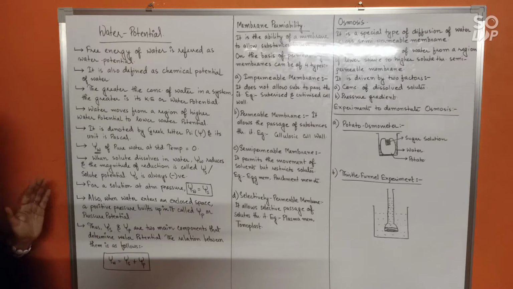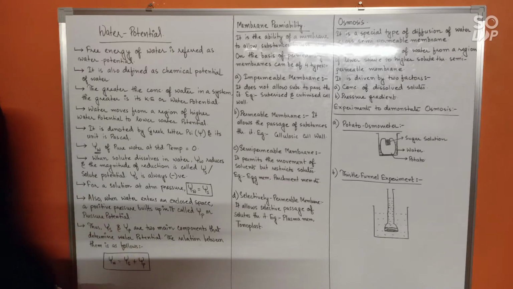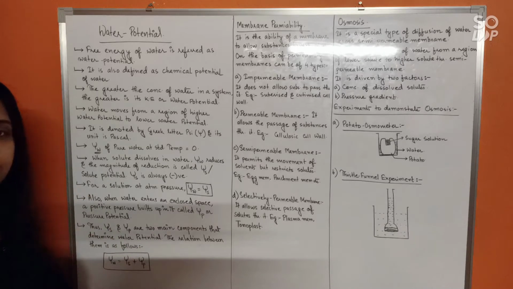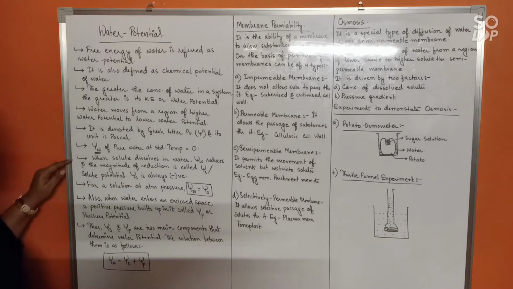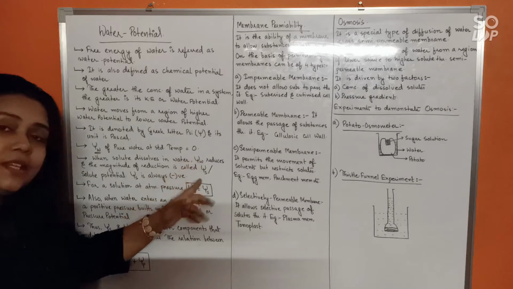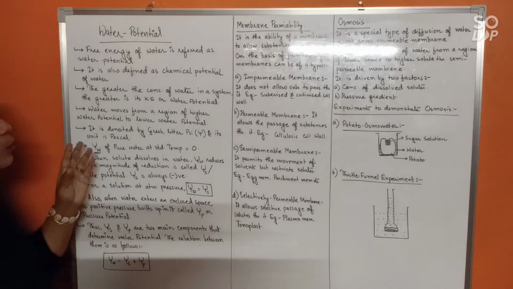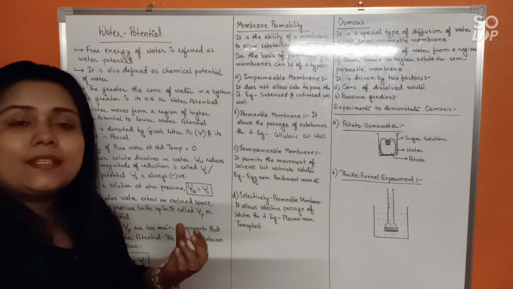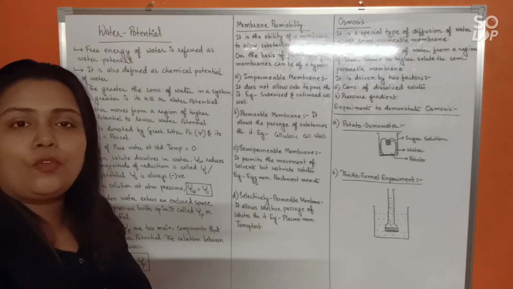Now, see, there are certain factors that are responsible for water potential to occur. First, when solute dissolves in water, the water concentration will reduce. You know very well that water potential is directly proportional to concentration of water, right?